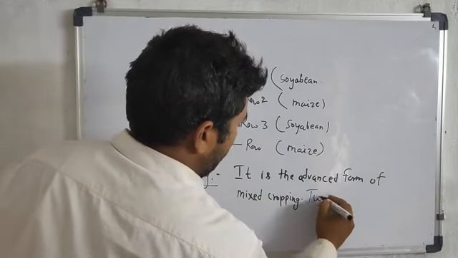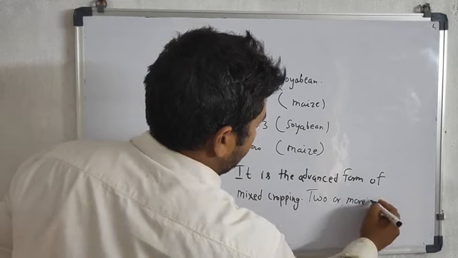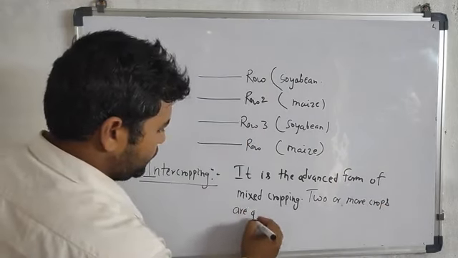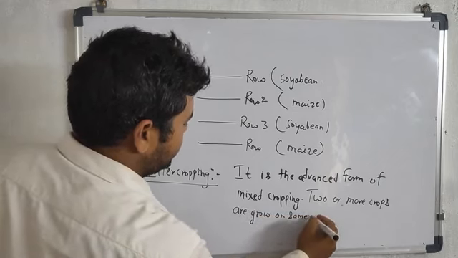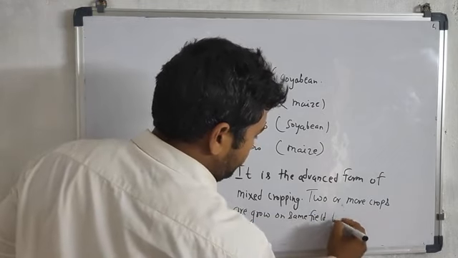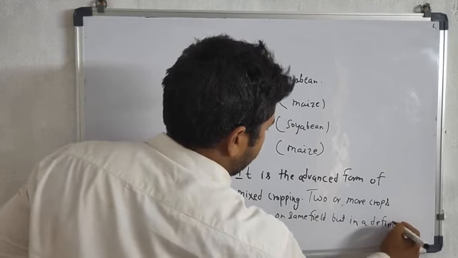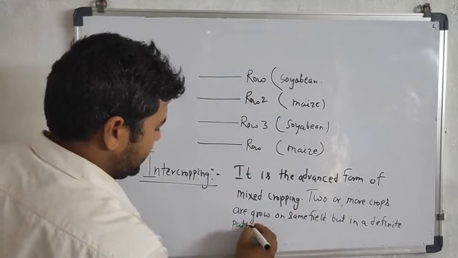Two or more crops are grown on the same field but in a definite pattern.